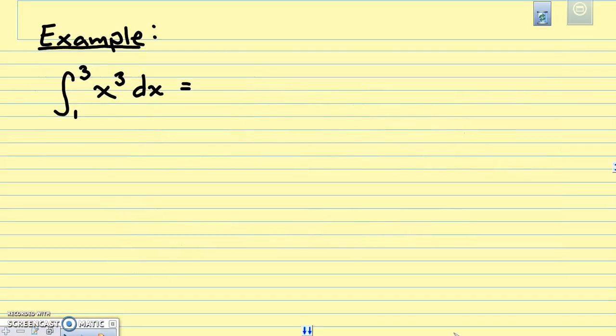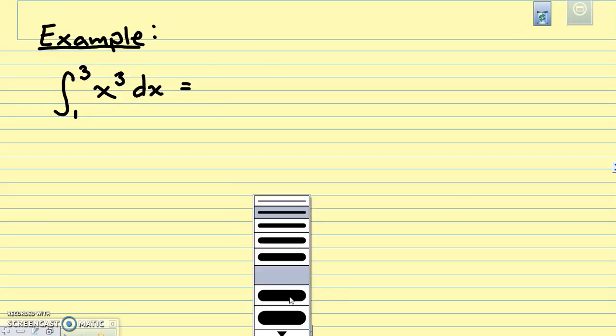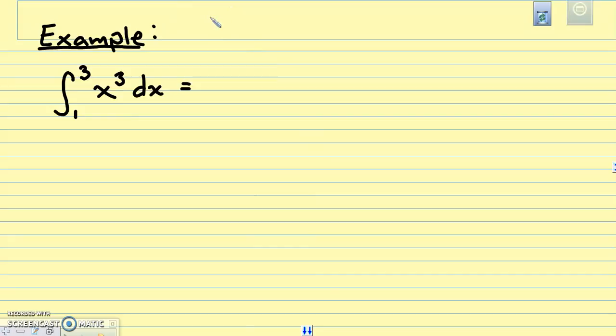Okay, so we have the integral from 1 to 3 of x cubed dx. Before I solve this, I'm going to go ahead and apply the theorem you just saw. So integrating from a to b f of x dx is capital F of b minus capital F of a.